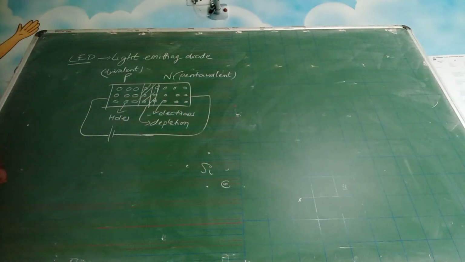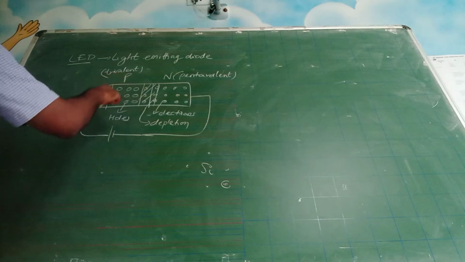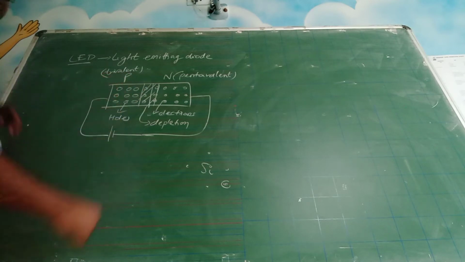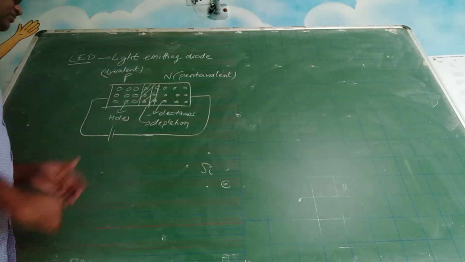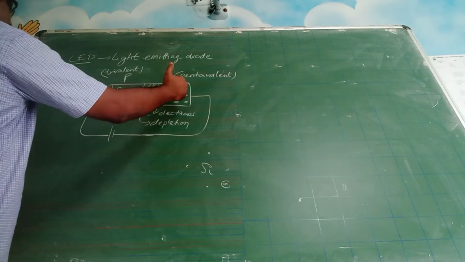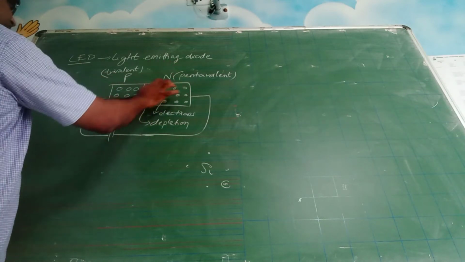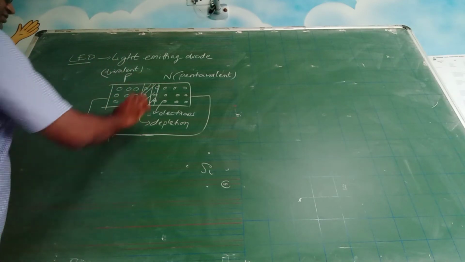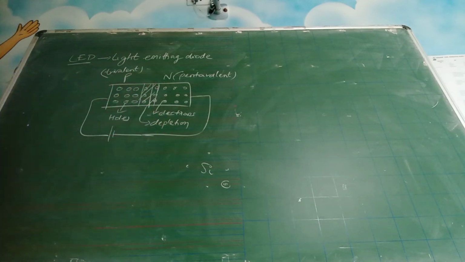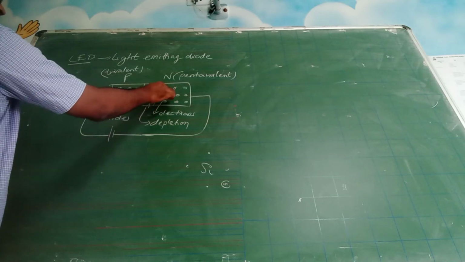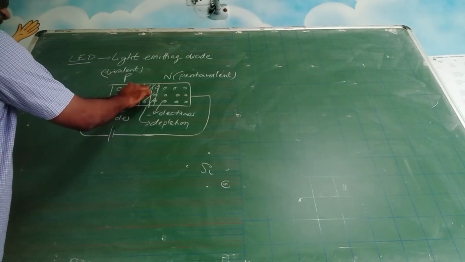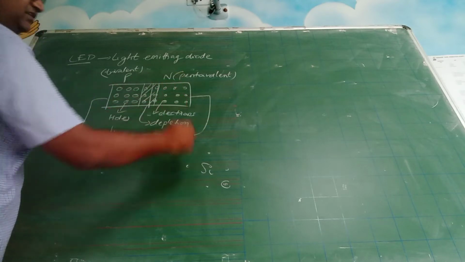So basically what happens is, these are all holes, you can call them positive because positive charges are more here. These are electrons. So when they push over from this side to this side, a process of recombination happens. But in the process, some more electrons push over this side and some more holes push over the other side.